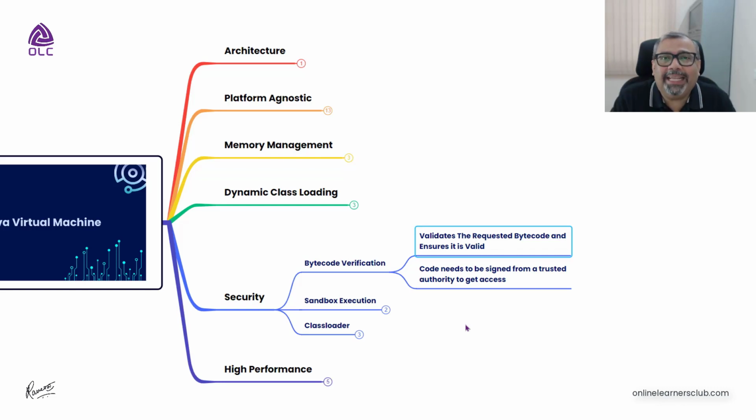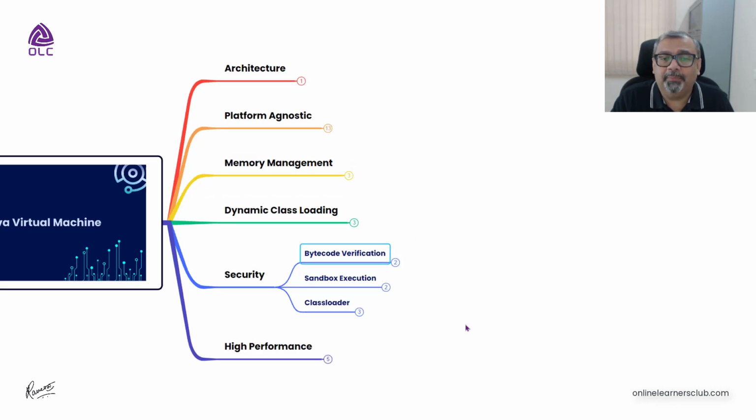And JVM takes care of that with a concept called the bytecode verifier, and it will validate all the bytecode and ensure that it is valid. So we can be assured that JVM is capable of handling this efficiently, and if required, we can also insist on signing the code with a proper authority. This is also very much possible.